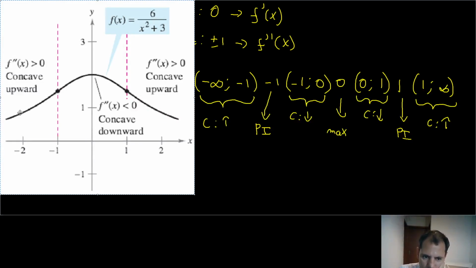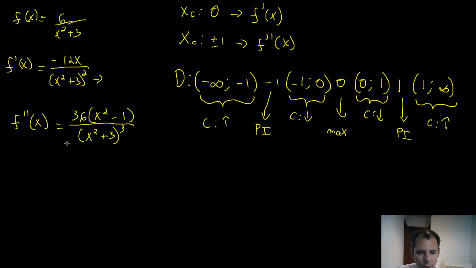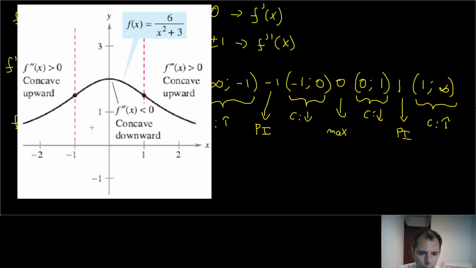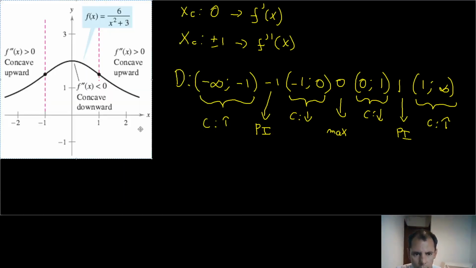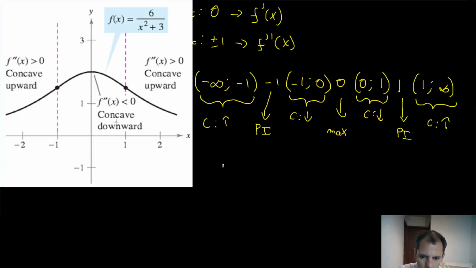You see the tangents are increasing here. -1 is a point of inflection. There you go, -1. Oh man, come on, don't do this to me. Jesus, this is a disaster.